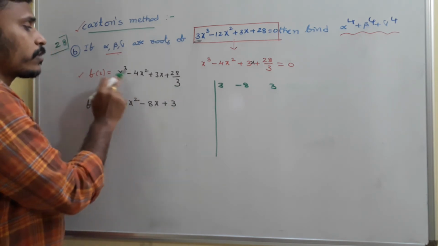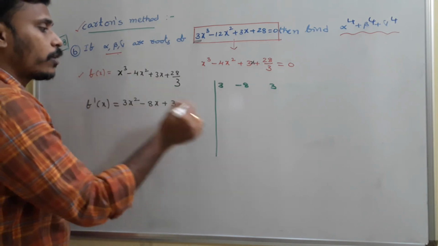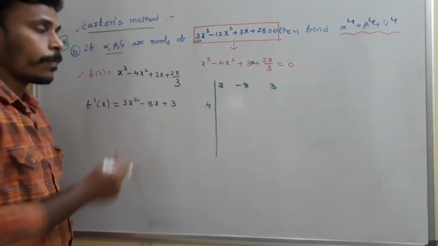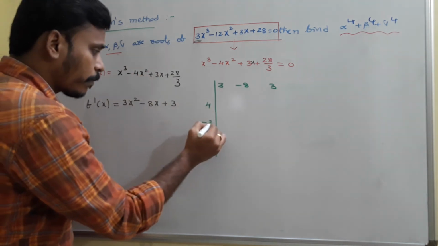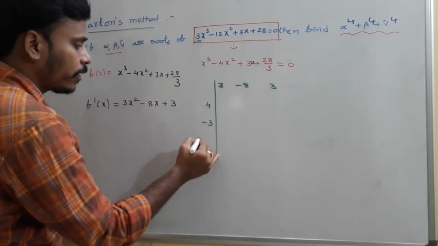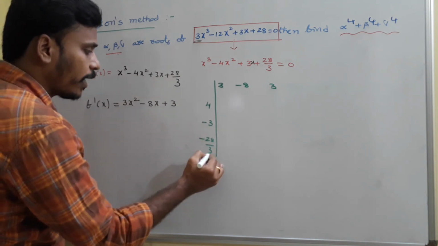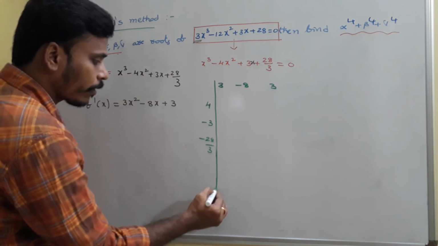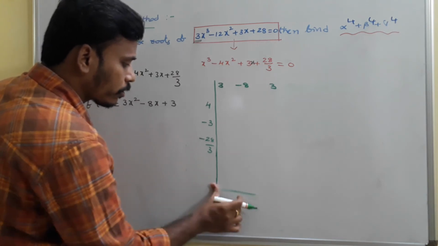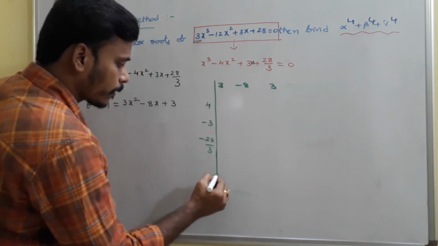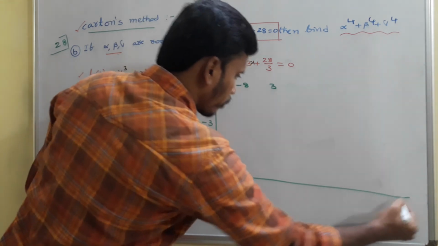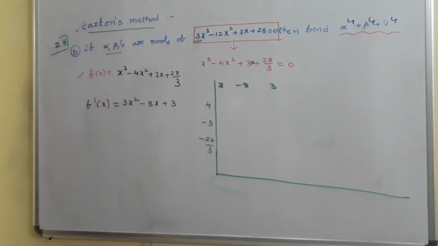So this is f of x except the x cube term: minus 4, so take it as 4; plus 3x, take it as minus 3; plus 28 by 3, take it as minus 28 by 3. Okay, and we need to continue the process. First of all, what do we need to do?